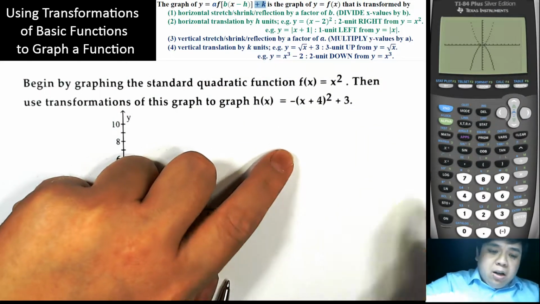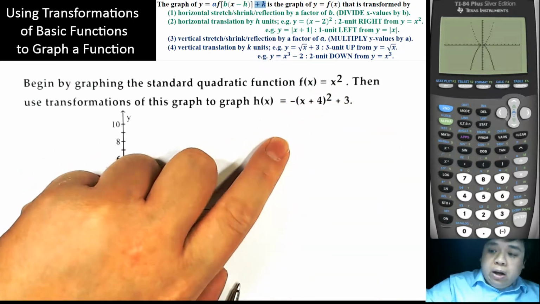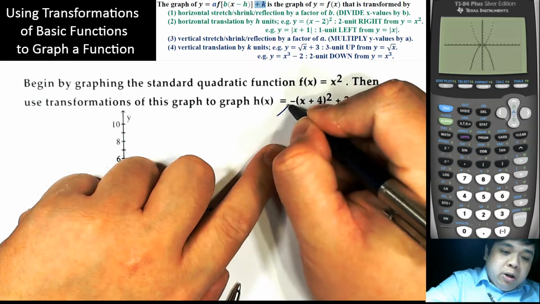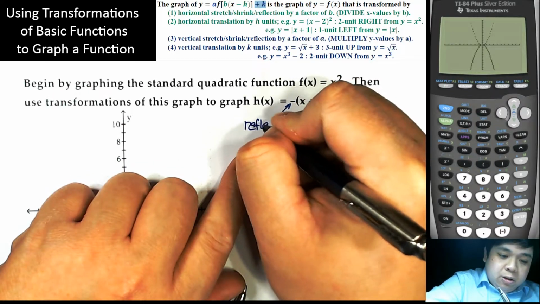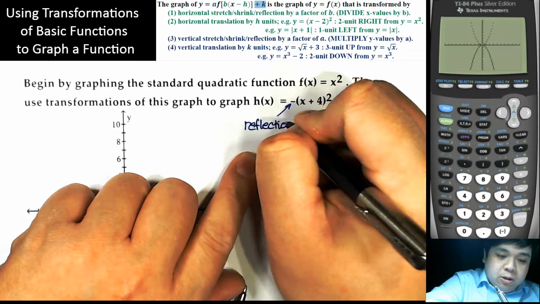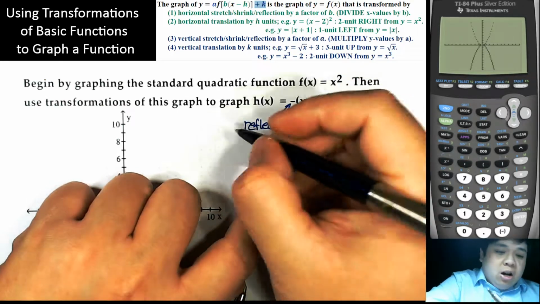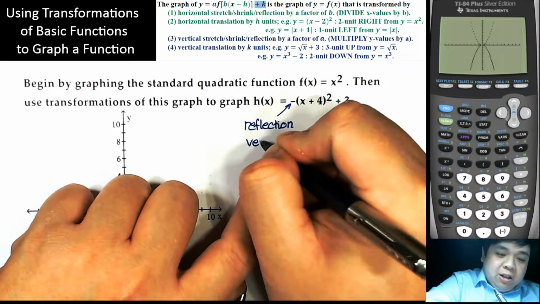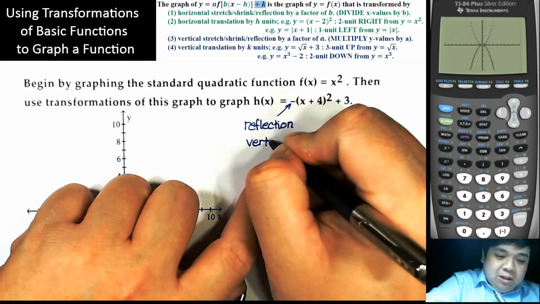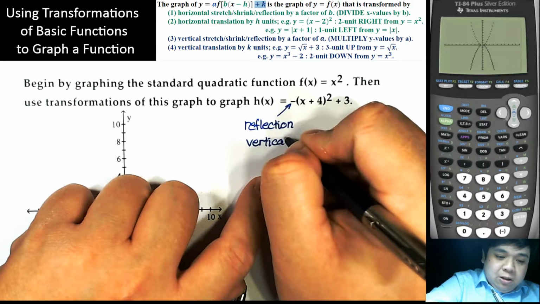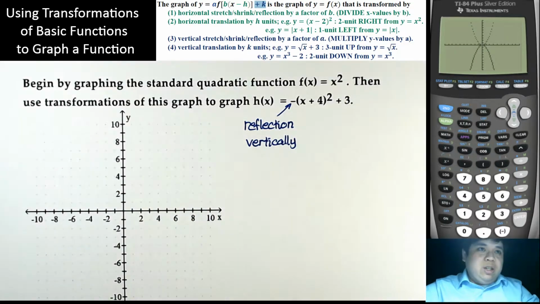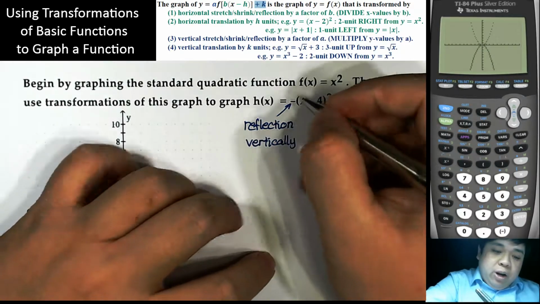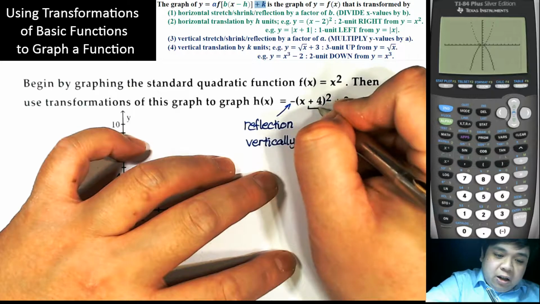Notice that the minus here is outside of the square, so this will be a reflection. It is outside, so it will be a vertical reflection, I should say. And then we have the 4 that is inside.